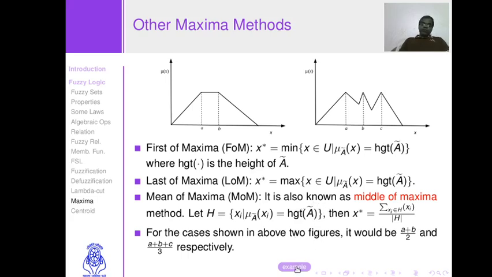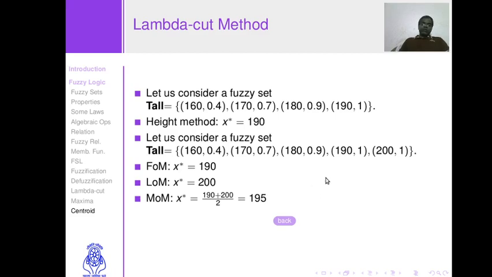Let us discuss it with the help of an example. Let us consider a fuzzy set tall. It is representing the height which can be considered as tall. For different height measurements we have different degrees of membership. 160 centimeter has degree of membership 0.4.